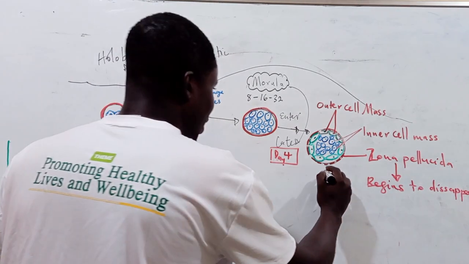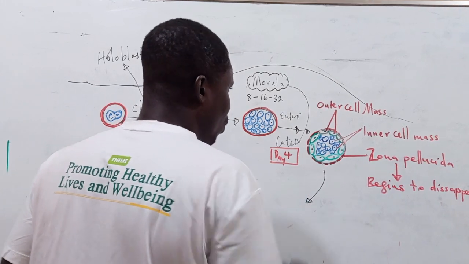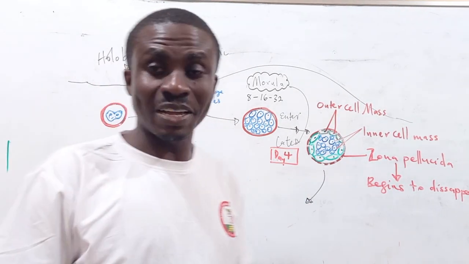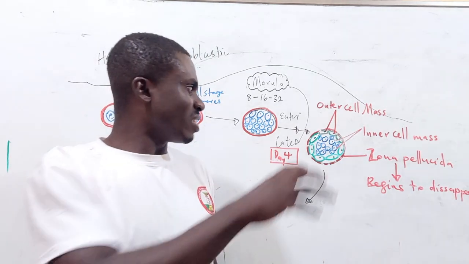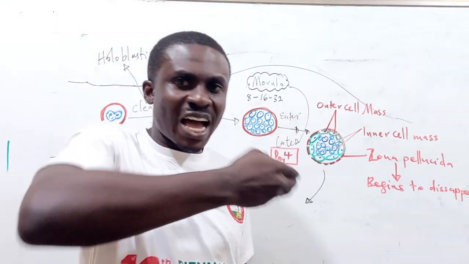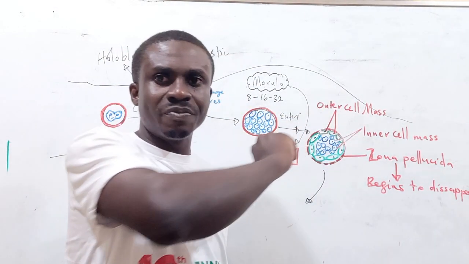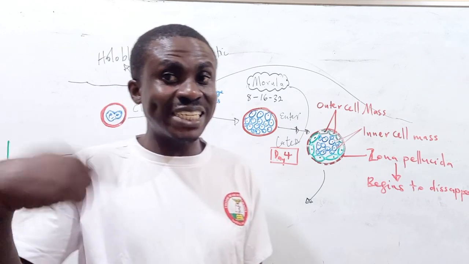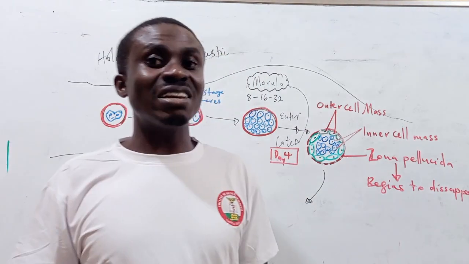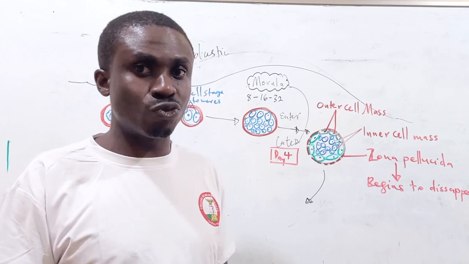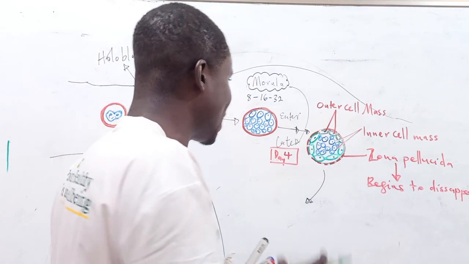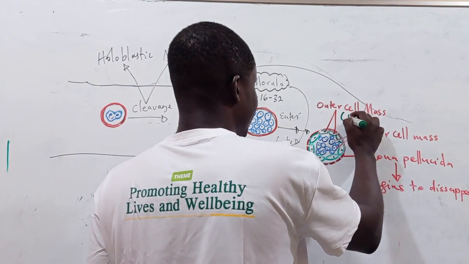Now, also something happens. This ball of cells has some cells at the periphery, which we call the outer cell mass, otherwise something we call trophectoderm. Let me just put that one over here, trophectoderm.